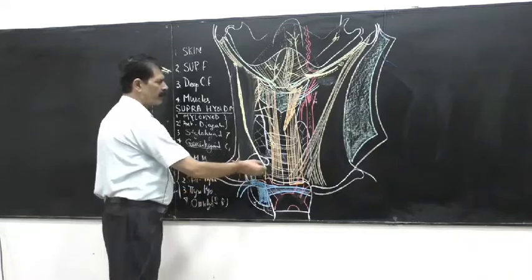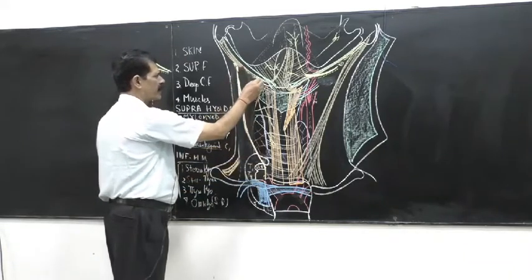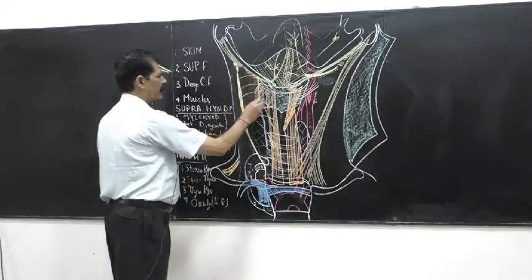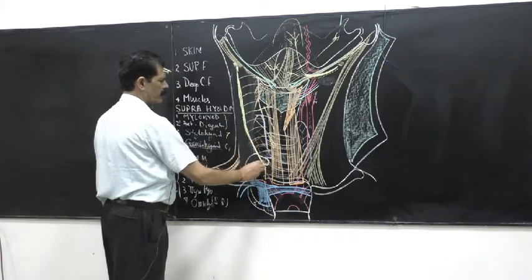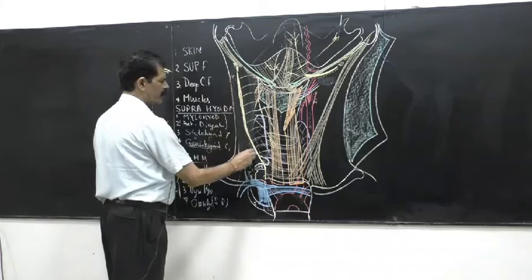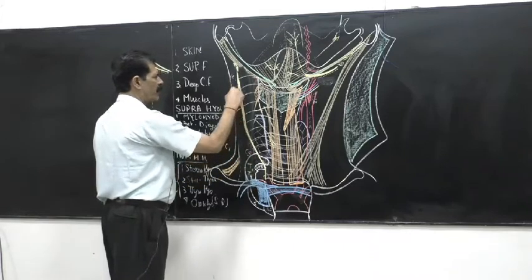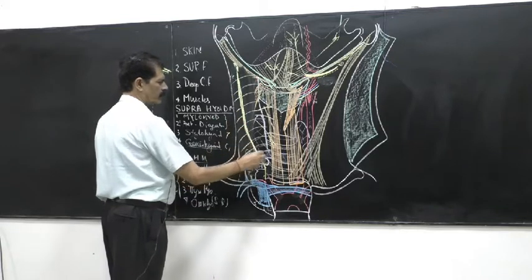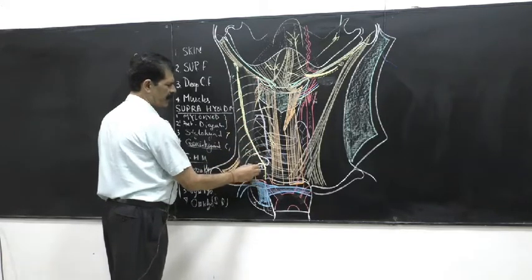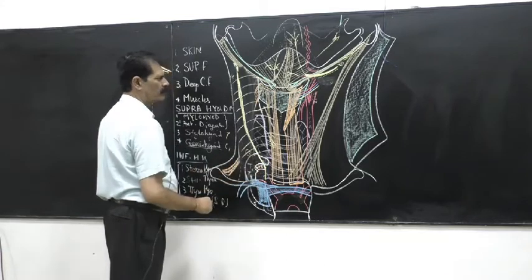So they go upward, and there are 8 cervical nerves, C1 to C8, and every nerve requires sympathetic fibers. And this is the Swan relation, T for the T1.